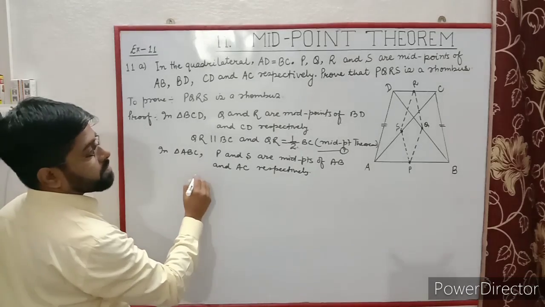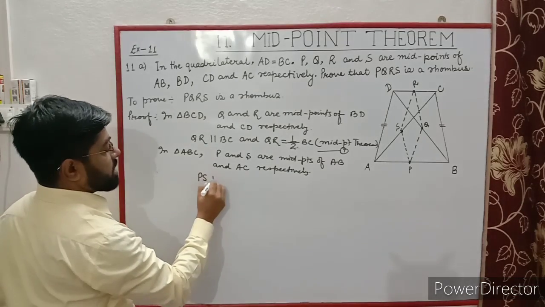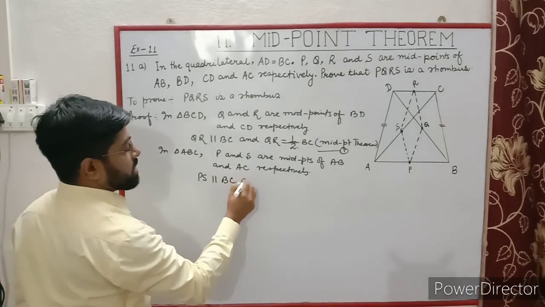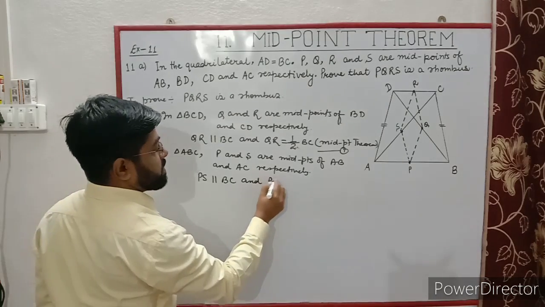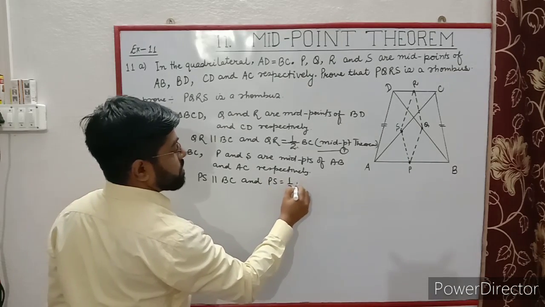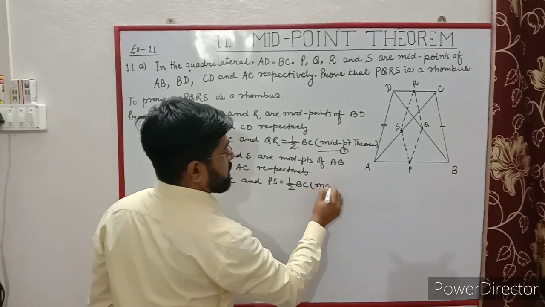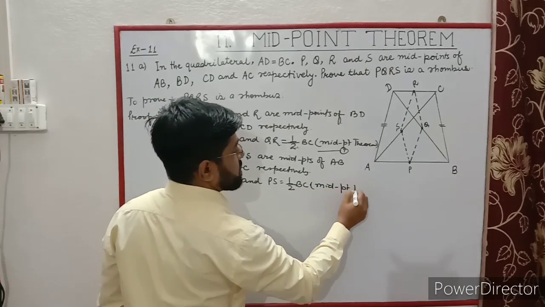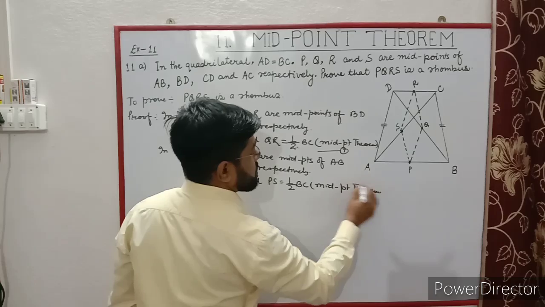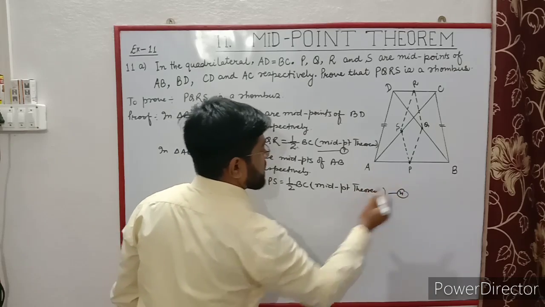Then PS is parallel to BC and PS is equal to half of BC by midpoint theorem. We assume equation number second.